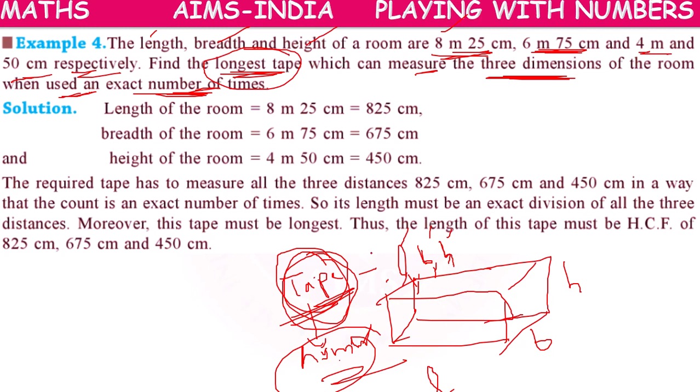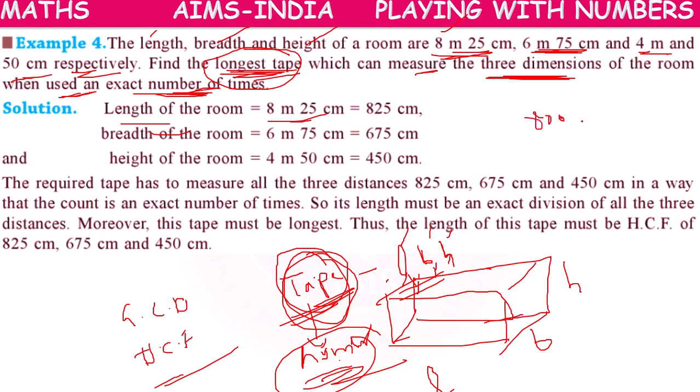Okay, but they have given the longest tape. So we have to find the greatest number which divides 3 numbers exactly. Means we have to find the greatest common divisor or highest common factor. Length of room 8 meter 25 centimeter.